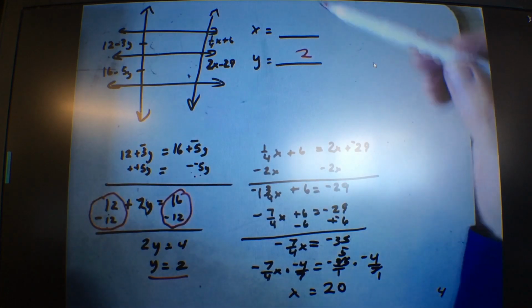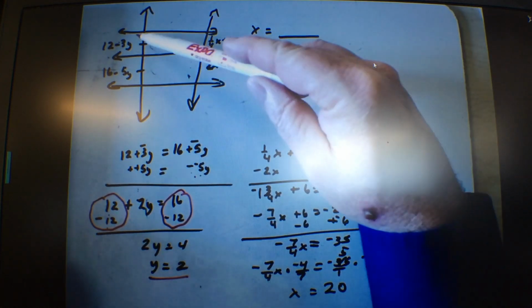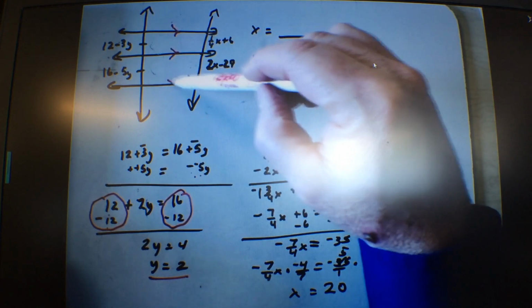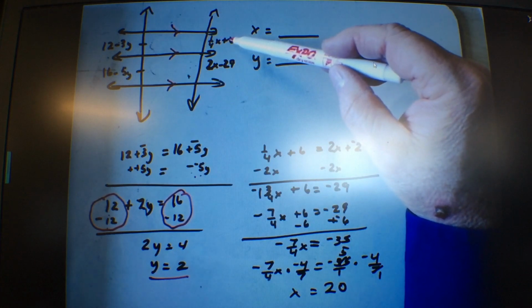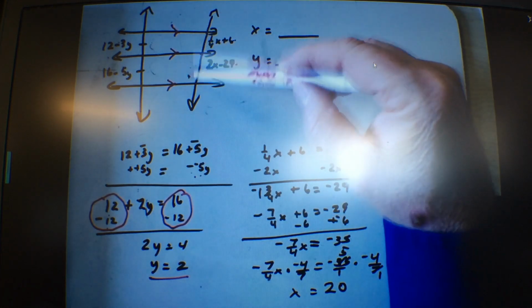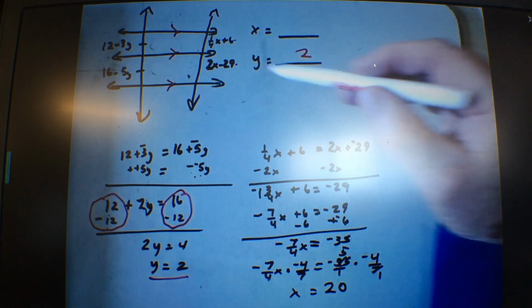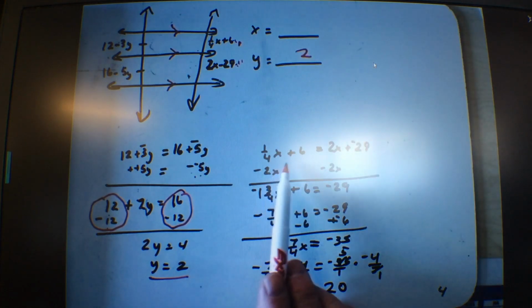Now, since these two are equal, that corollary says if these two are equal and these are parallel, and I didn't say that, but these have to be parallel for that to occur, then this must be equal to this. So I can set these two equal, and I've done that right here.